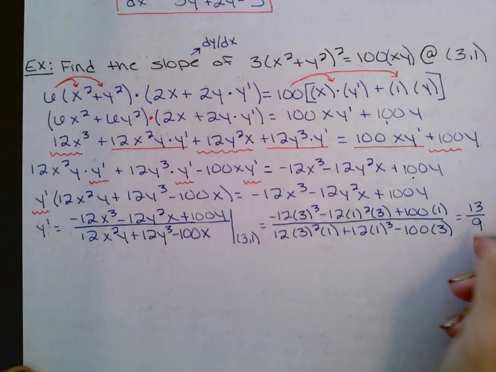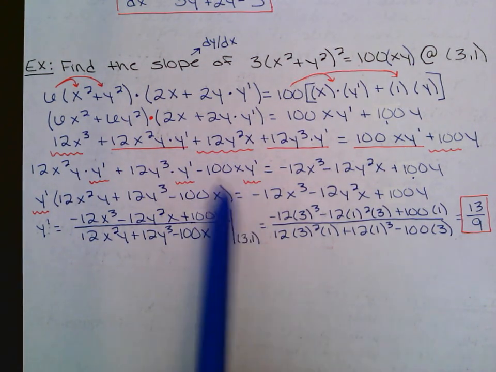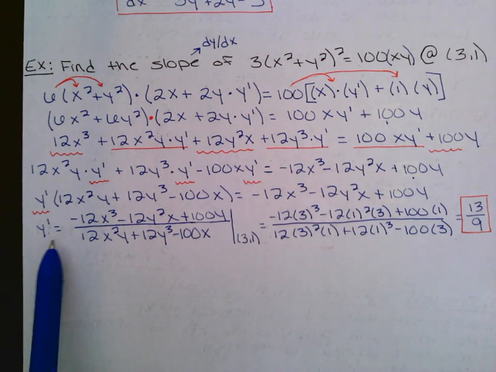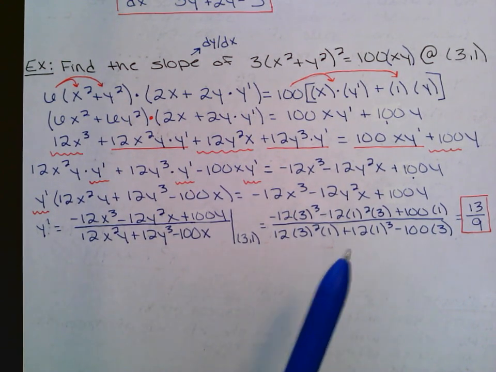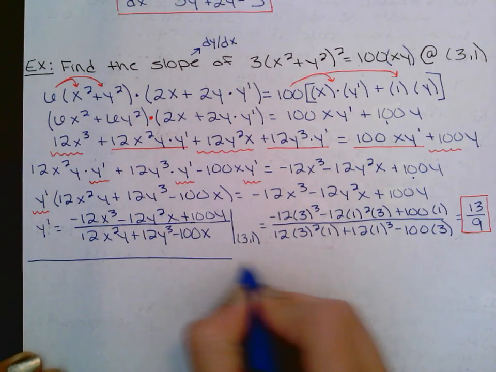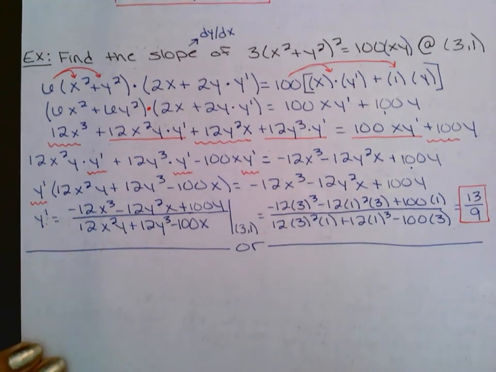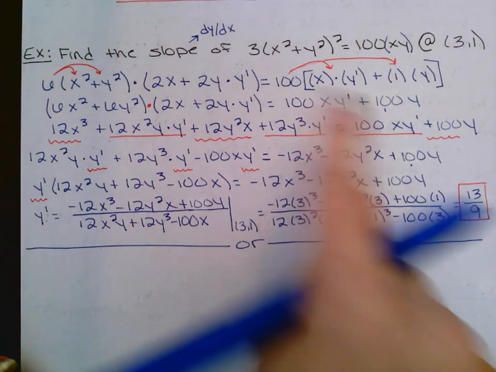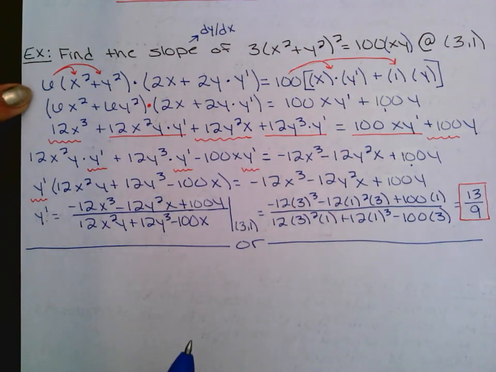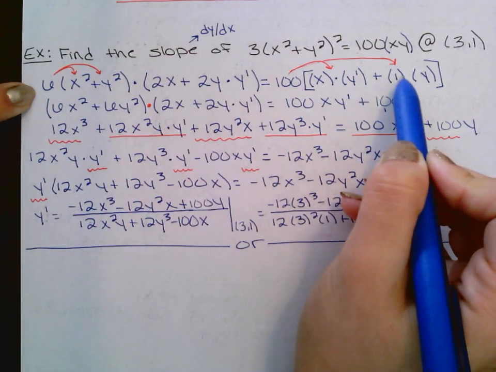Okay, so this was the long way. I've got good news, there's a shorter way. Okay, so again, the long way was first isolating y prime and then plugging in the points. The second way, we still have to do the derivative first. So our first step would have been the same, okay? So remember, this first step was my derivative. Ignore the red.